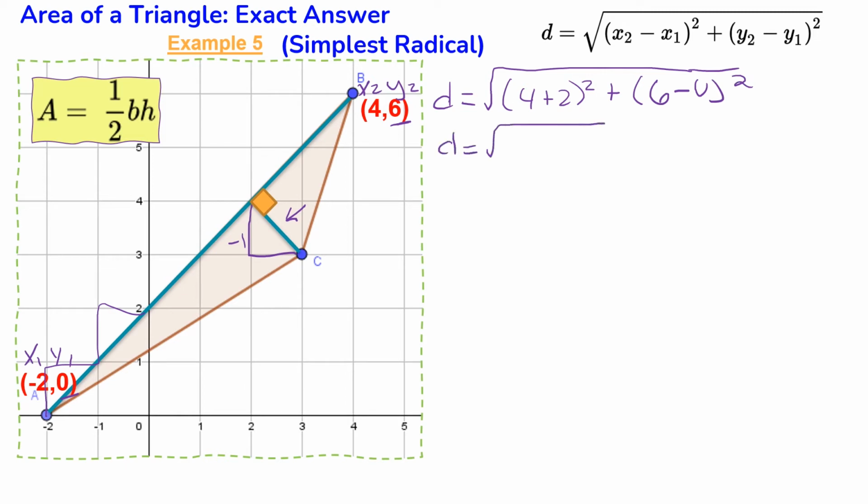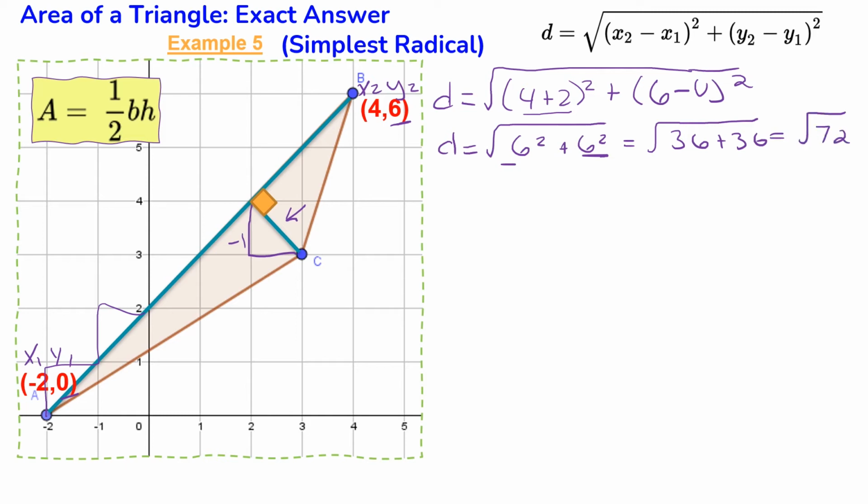Simplifying a little more, that's going to be 6 squared. 4 plus 2 is 6. And 6 squared again. 6 squared is 36. 6 squared is 36. So I have two 6 squareds. That leaves me with the square root of 72.